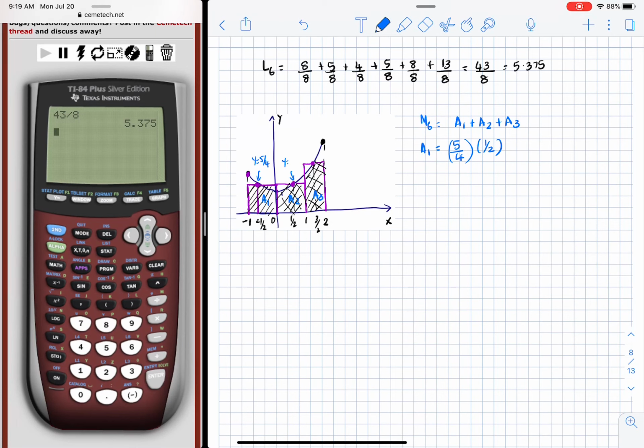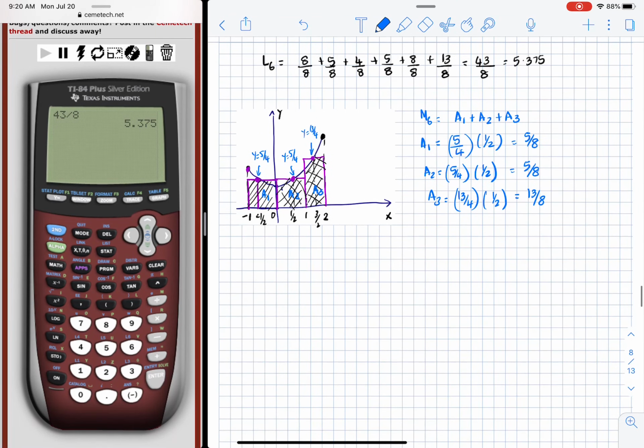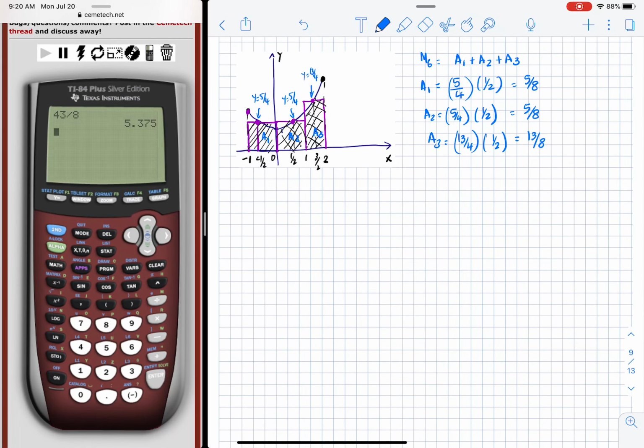Same value, so 5/4. A2 is 5/4 times 1/2, which is right there, and that is 13/4. So A3 would be 13/4 times 1/2, which would give us 13/8. That is 5/8, 5/8, and when I add all of those together, 23/8.